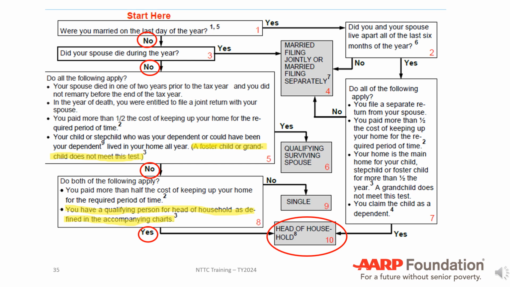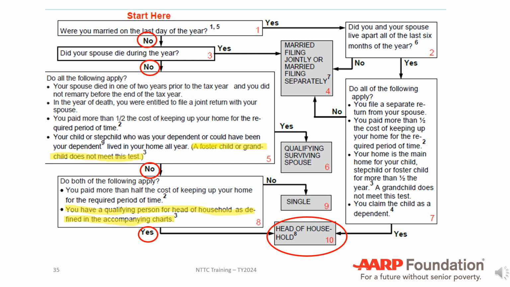So we move on to the last box at the bottom, box number 8. Do both of the following apply? You paid more than half the cost of keeping up your home for the required period of time. Yes, that does apply. The second bullet, however, you have a qualifying person for head of household as defined in the accompanying charts. Yes, that does apply as well. And that's really the key. You have a qualifying person for head of household as defined in the accompanying charts.